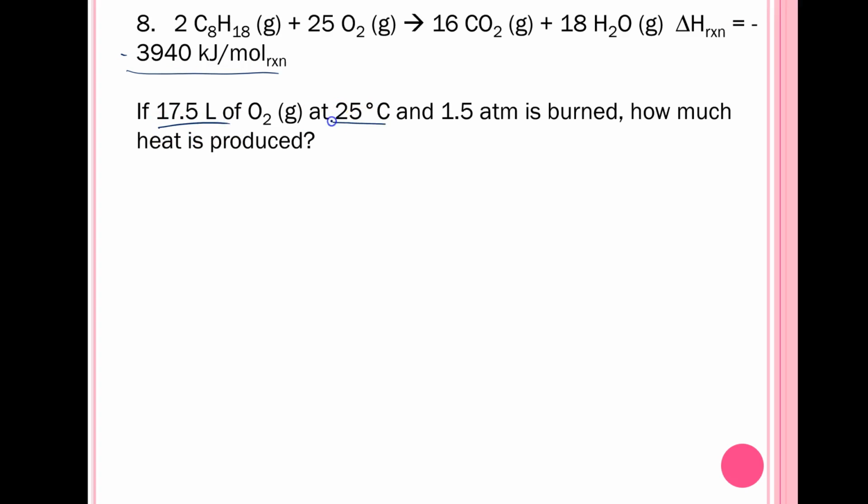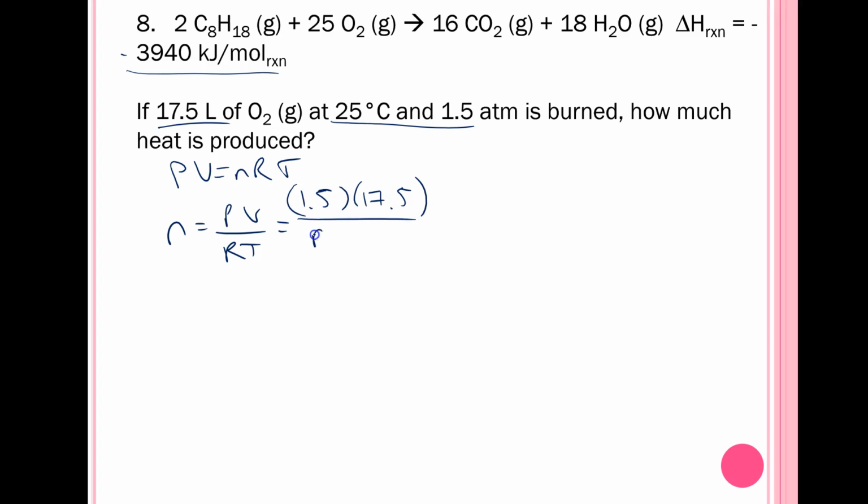Anyhow, I have a gas, not at STP, so I have to use PV equals nRT to find the moles, and n is PV over RT, which is 1.5 times 17.5 over R times 298. And so once I find my moles, once I have moles of oxygen, I'm going to go straight away into the stoichiometry.